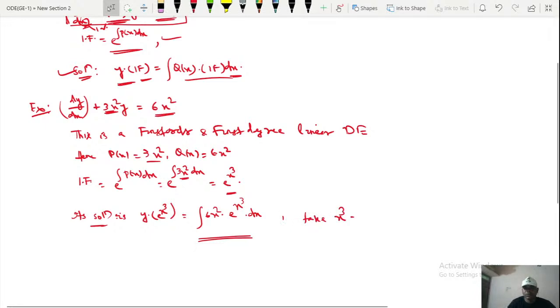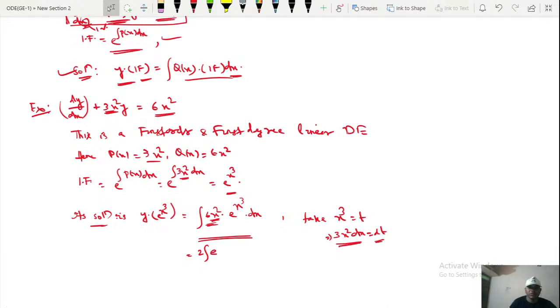Take x cube equal to t. Then 3x square dx is your dt. Now I will substitute this here. You can take 2 outside, then there will be 3x square dx, which is dt.